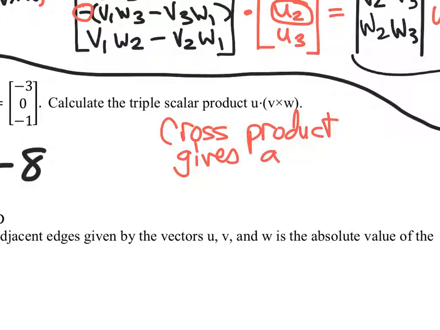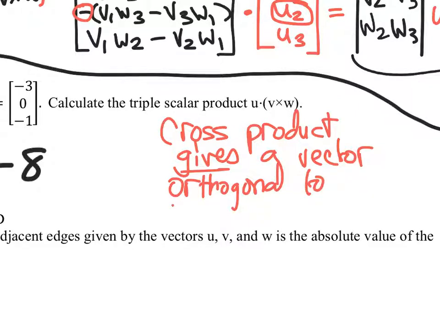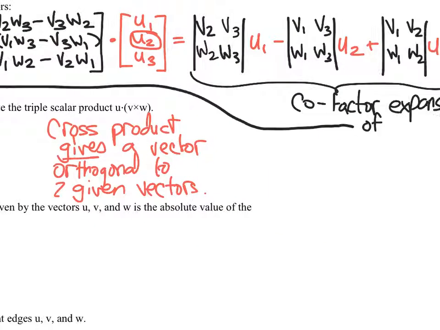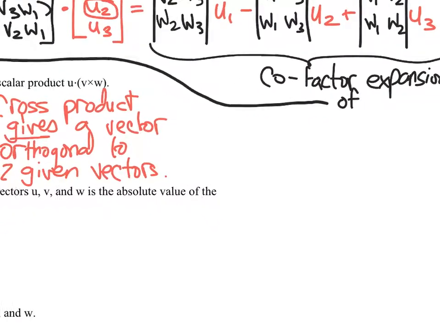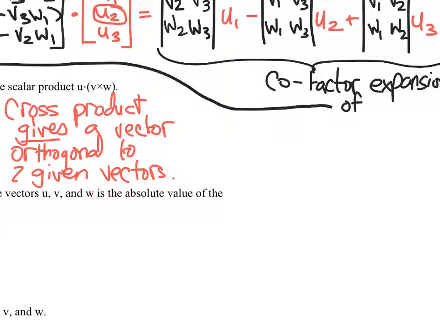But the cross product itself gives a vector orthogonal to two given vectors. All right, so I'm starting off with my two given vectors. I got one going this way, one going that way. That's my cross product. All right, that's easy enough.